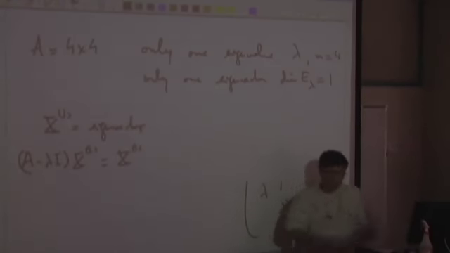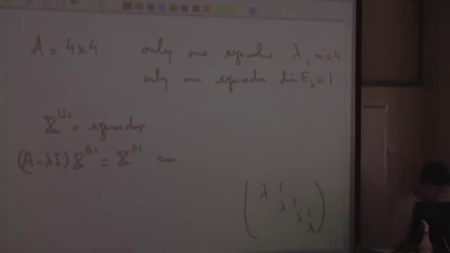And then, what does this mean? This means x1 is in the range of A minus lambda identity. So you have to tell me why that eigenvector must be in the range.